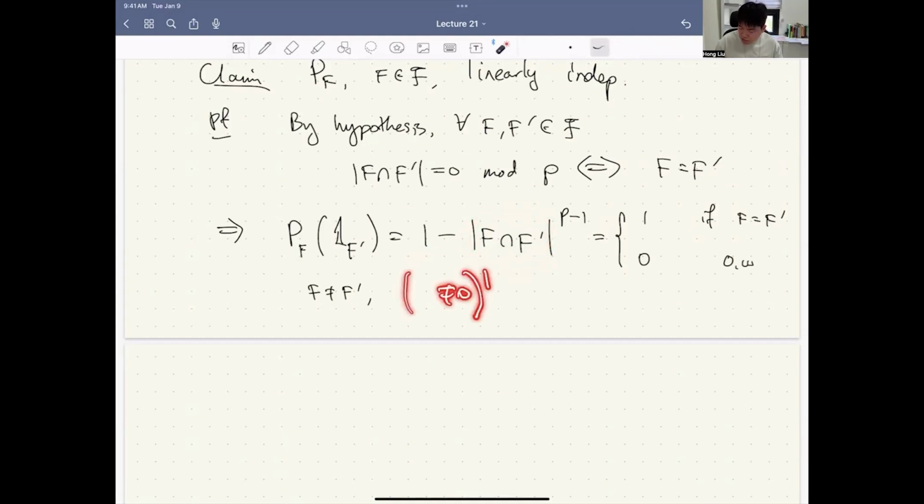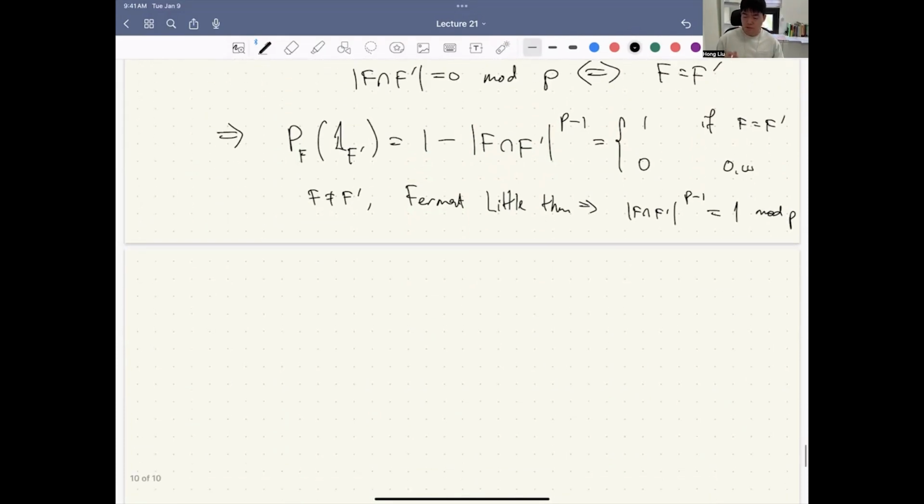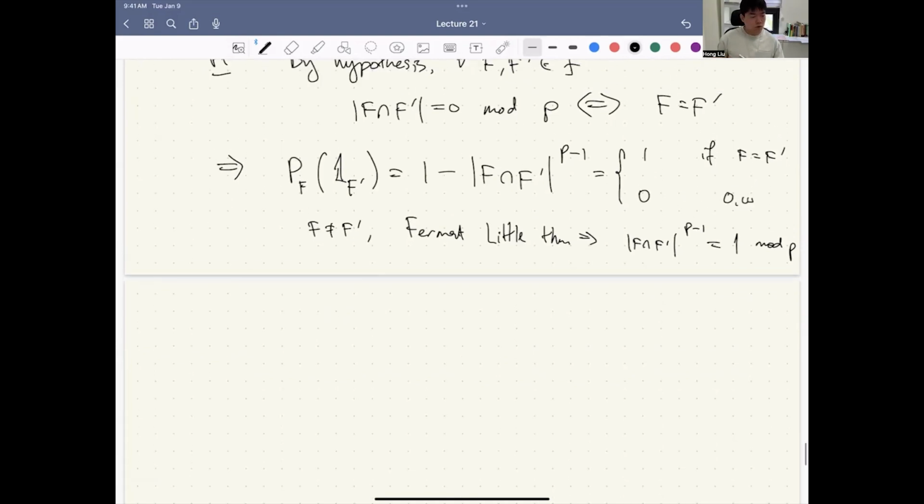Any non-zero element raised to power p minus 1 is 1 by Fermat's little theorem. Okay. Mod p. Good.